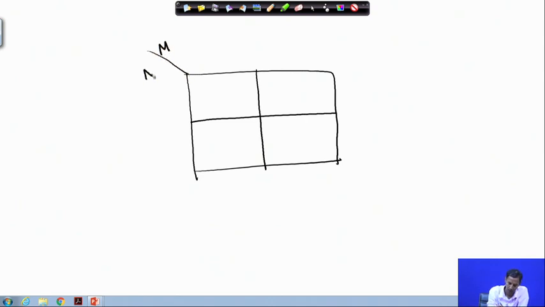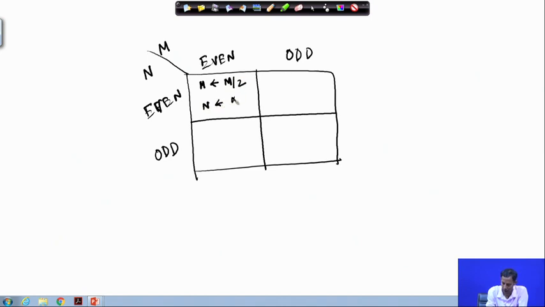So, m and n. This is for the even case and this is for the odd case. Whenever m and n both are even, at that time what happens? m equals m by 2 and n equals n by 2.